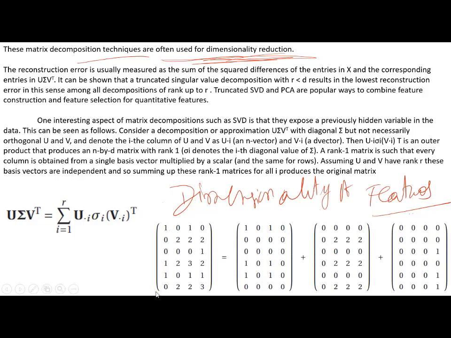The sum of all these three will give you this. These are hidden variables. So if you add these three, you'll get the original matrix.